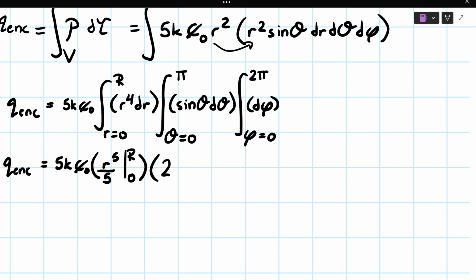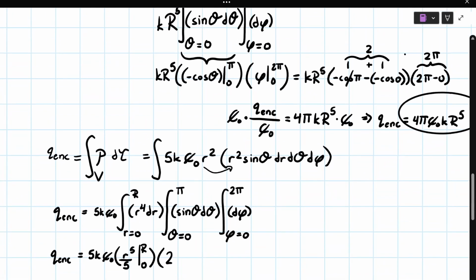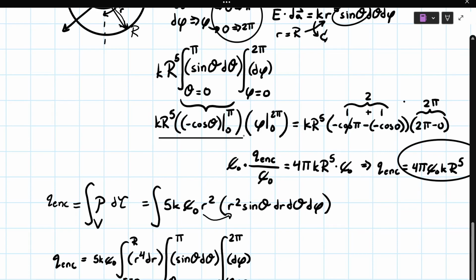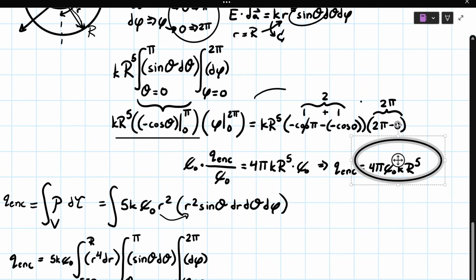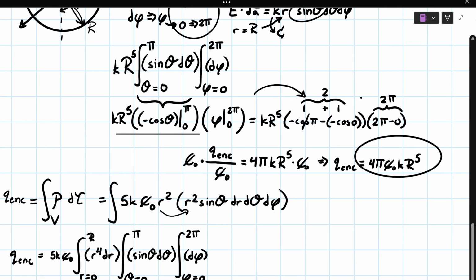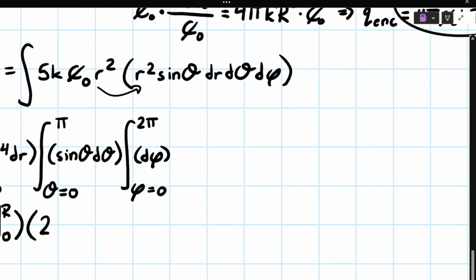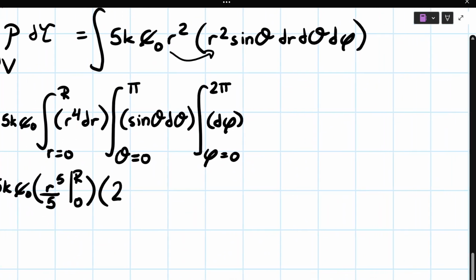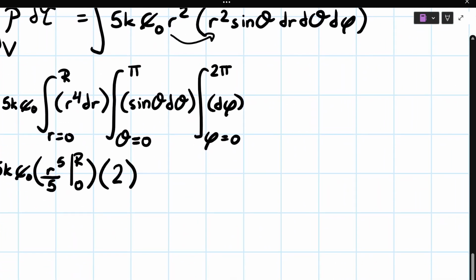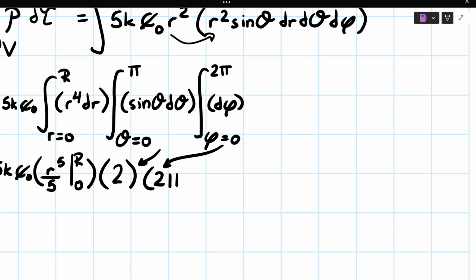Remember, the exact same integral as dA becomes negative cosine. That negative cosine becomes value 2, right? And then the same for our phi, which is 2 pi, okay?